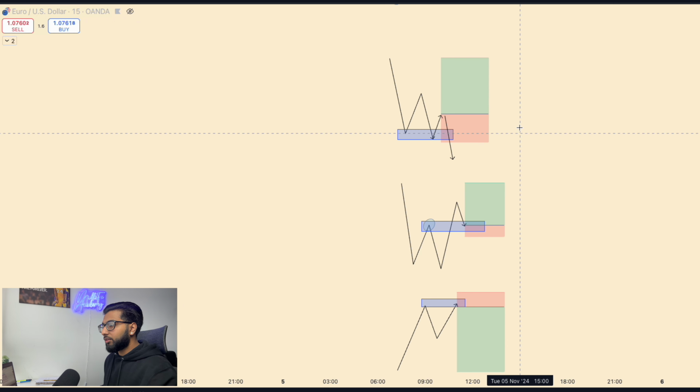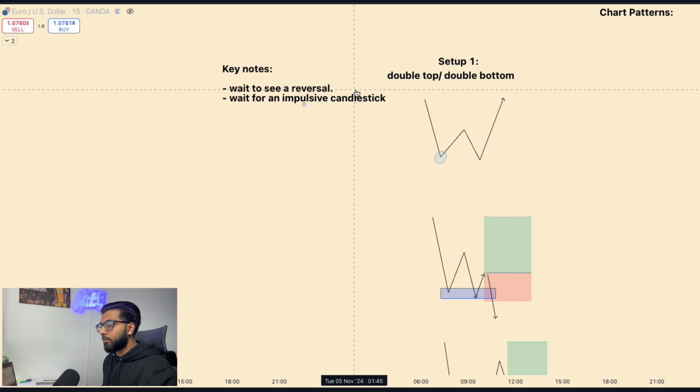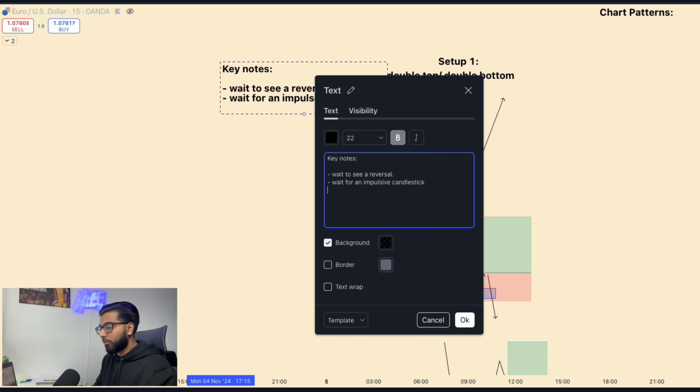Okay, now there's a few notes that I want to explain to you through the years of my trading, because yes, this sounds like a really good setup, but there's a few more notes that I want you guys to write down, put it in your notes and follow through. Number one, only trade these patterns if it's at a round psychological number.